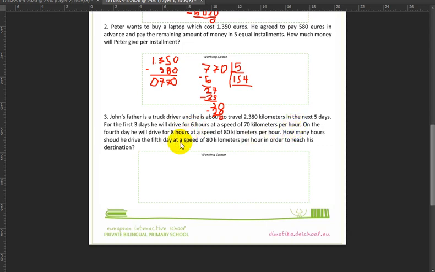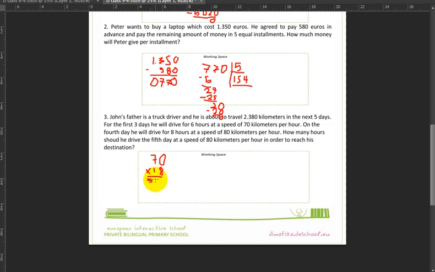And since he's driving for 18 hours, to find how many kilometers he does, we need to do multiplication: 70 times 18. And what is this going to give us?